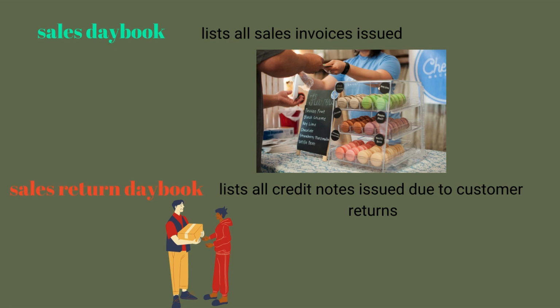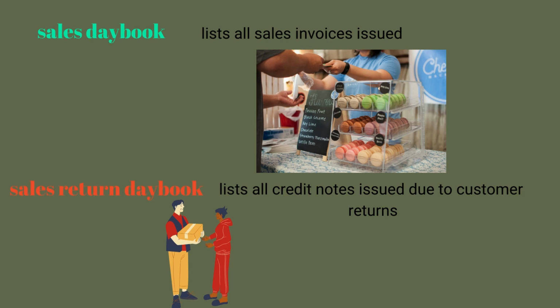Next one, sales return day book. The sales return day book lists all the credit notes issued due to customer returns. As I told you before, when you've returned something because it's faulty, whatever, I then give you a credit note. So it basically reduces the amount you have to pay me. For example, you bought a TV from me for £100, but you haven't given me the cash, right?